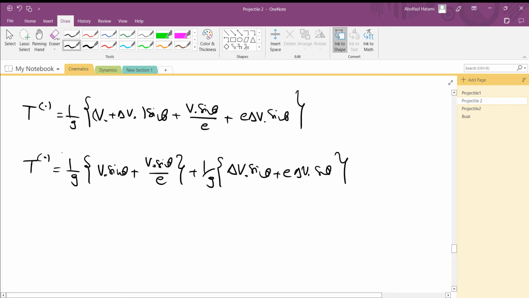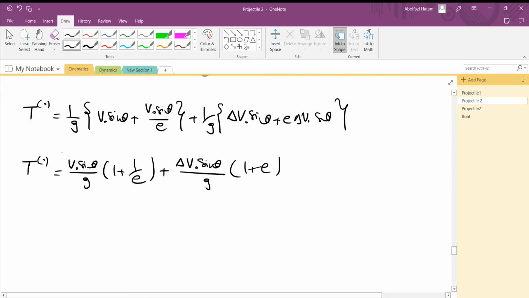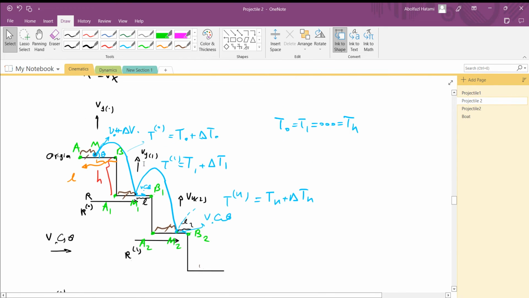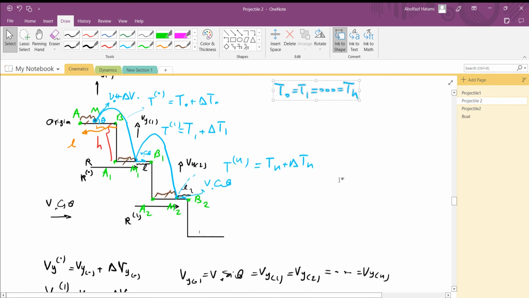So T0 is going to be V0 sine of theta over g times 1 plus 1 over E plus delta V0 sine of theta over g times 1 plus E. And we said that T0 is going to be T0 plus delta T0, and T1, T0, T1 and Tn are the same.